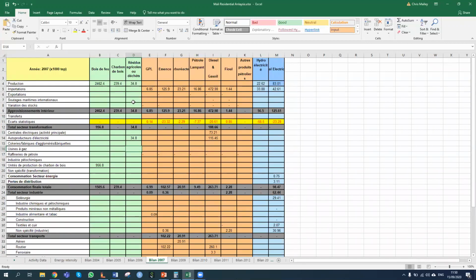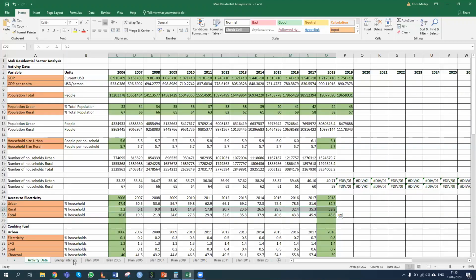But the data is not in a way that's easy to enter into LEAP. So these sheets here called activity data and energy intensity try to put the information into LEAP in a way that can be easily entered and in a format that is easily understood.